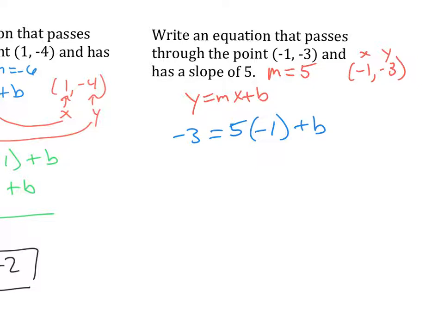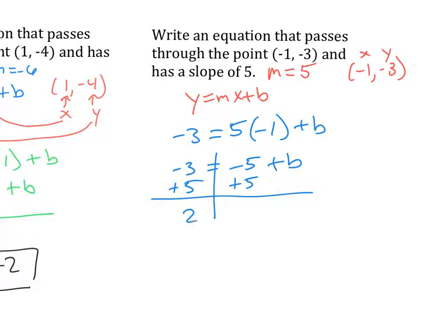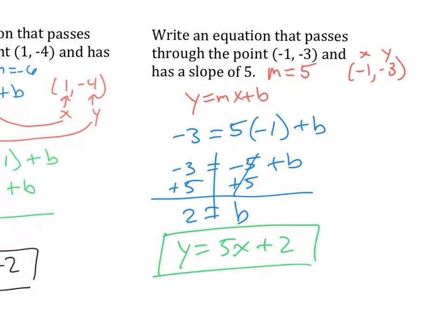So we end up with -3 equals 5 times -1, which is -5, plus b. And then we want to isolate the b by doing inverse operations. So we're going to add 5 to both sides, and we'll get -3 plus 5 is 2, which is equal to b. So if we write it all together, we end up with y equals 5x plus 2 is the equation of our line.